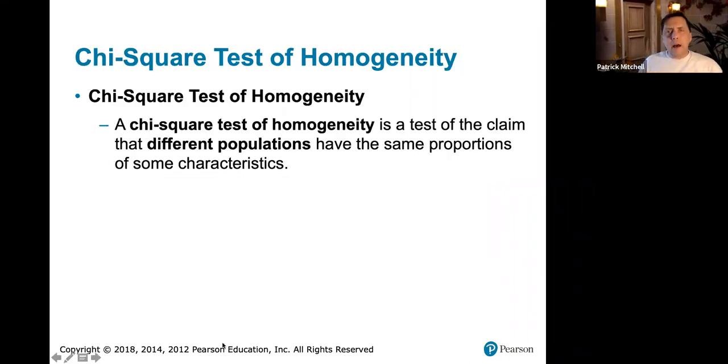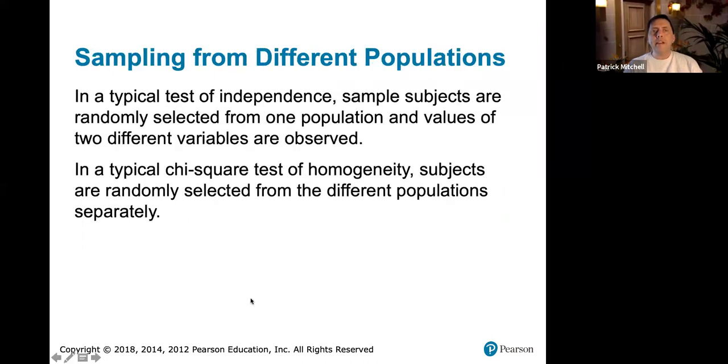Okay, so now a test of homogeneity. A chi-square test of homogeneity is a test of the claim that different populations have the same proportions of some characteristics. This is how this differs from what we were just doing. In a typical test of independence, sample subjects are randomly selected from one population and values of 2 different variables are observed.